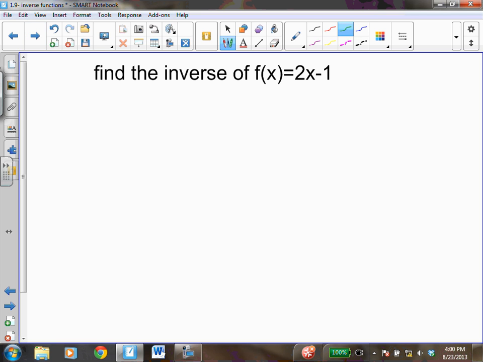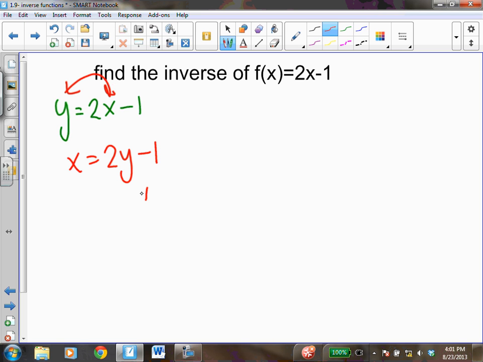If I want to find the inverse of a function, all I have to do is change the position of the x and y and solve for y. So this is my original function. To find the inverse, I need to change the positions. So it becomes x equals 2y minus 1.